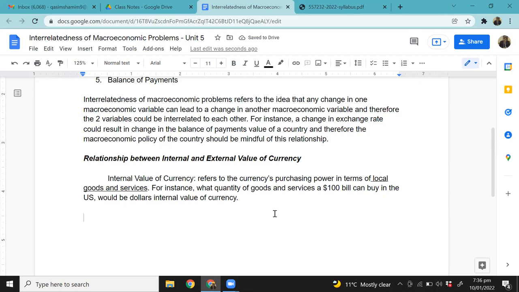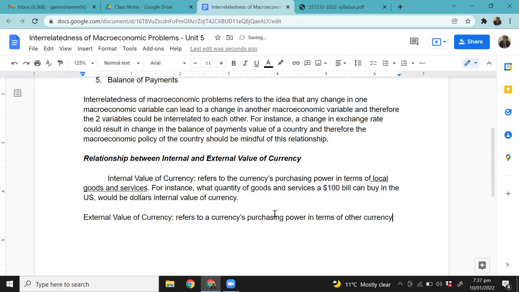Is it making sense? Then similarly, what is external value of currency? Now, external value of currency refers to the currency's purchasing power in terms of other currencies.